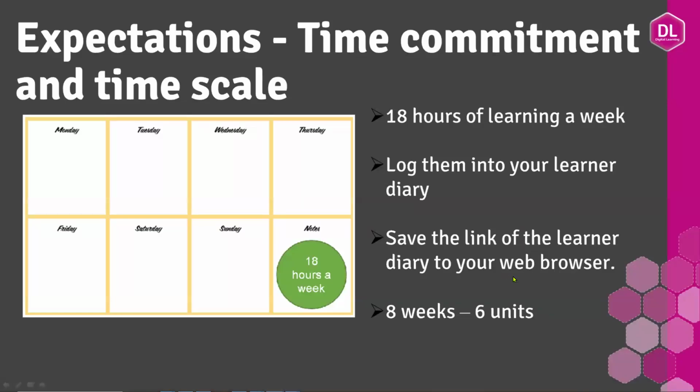So log your 18 hours a week or more if you do more into your learner diary, but log it every day you do some learning, not at the end of the week, but on the day you do the learning. So if you do 3 hours on Monday, log 3 hours on Monday through your learner diary. If you do 5 hours on Tuesday, log 5 hours that you have done on Tuesday through your learner diary, and so on and so on.